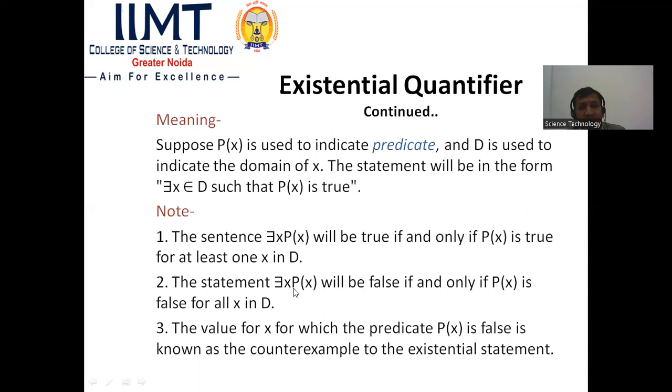Note number 2: the statement there exists x P(x) will be false if and only if P(x) is false for all elements in D. Remark number 2 means if this statement there exists x P(x) is false, then we have to prove this: P(x) is false for each and every element of the universe of discourse.